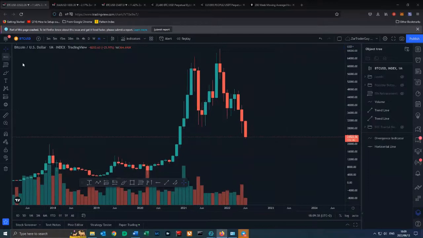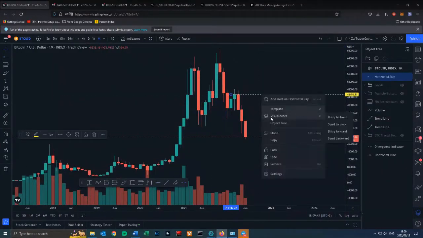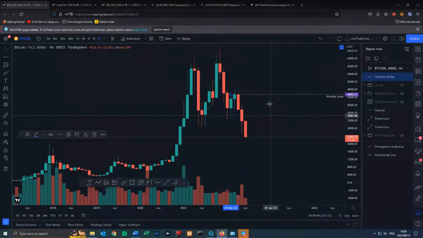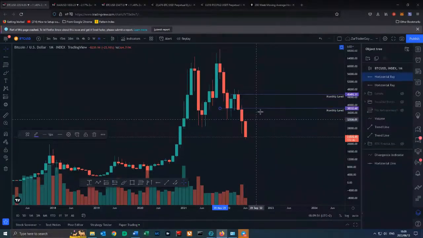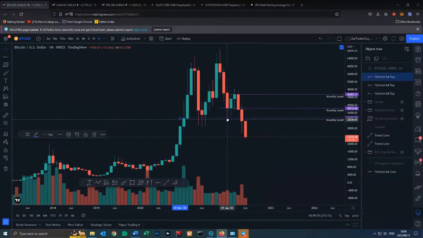Okay, so let me just quickly redo those levels. There's a monthly level. Okay, and control and drag. That one there. Control and drag. Chart that one there.